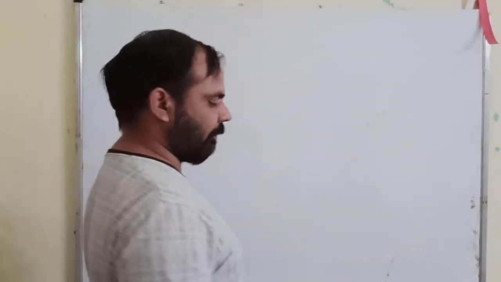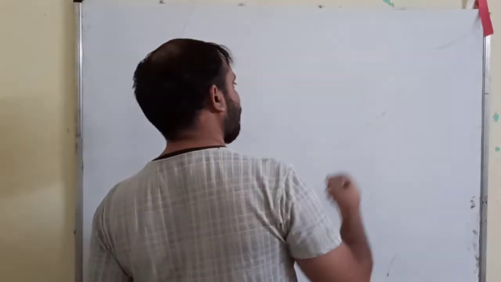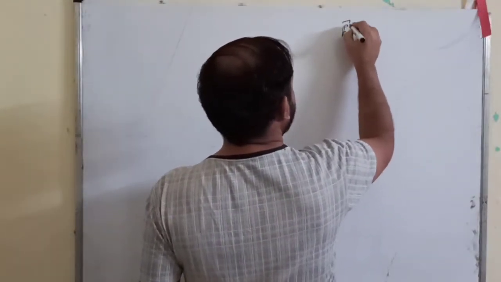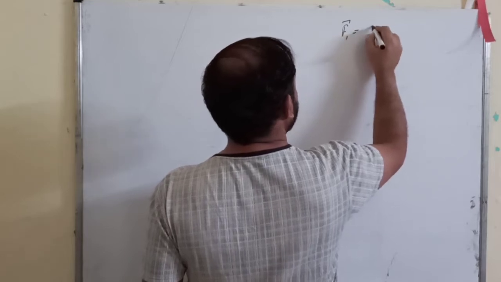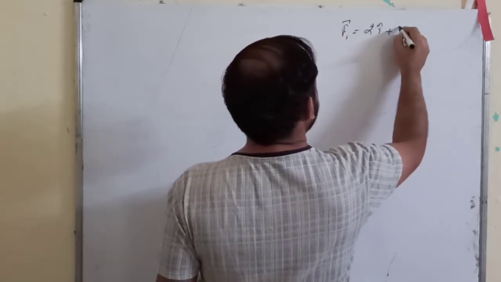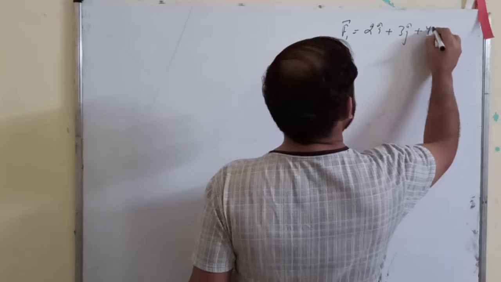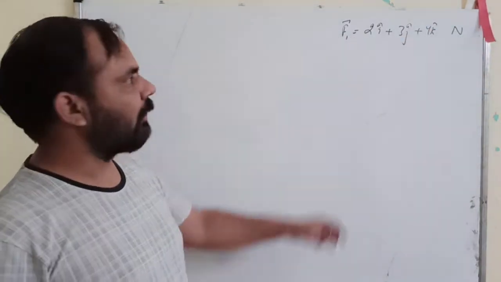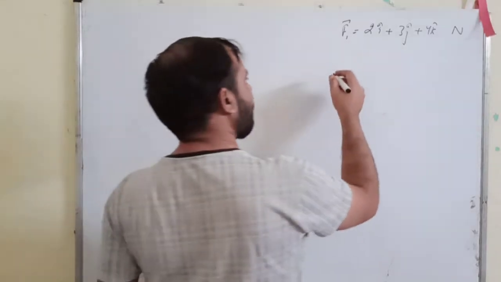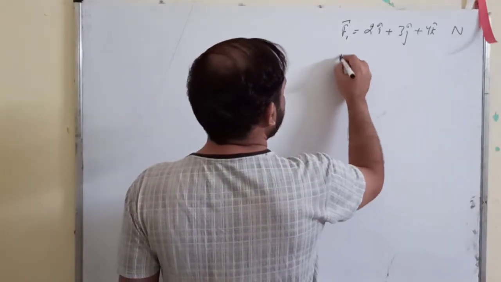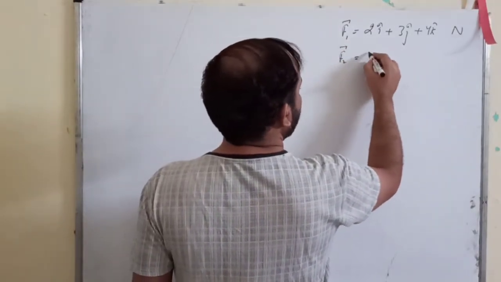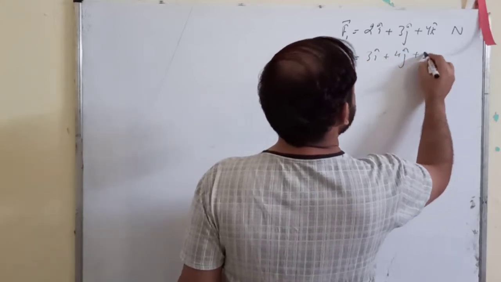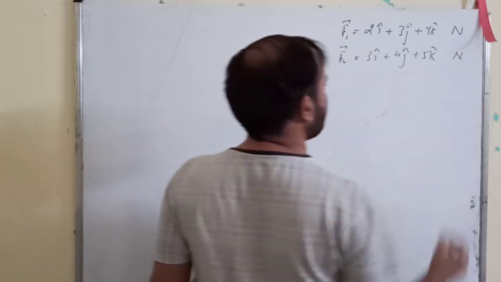Let me give you an example here. Let us suppose that we have f1 vector equals 2i cap plus 3j cap plus 4k cap newtons, and f2 vector equals 3i cap plus 4j cap plus 5k cap newtons.